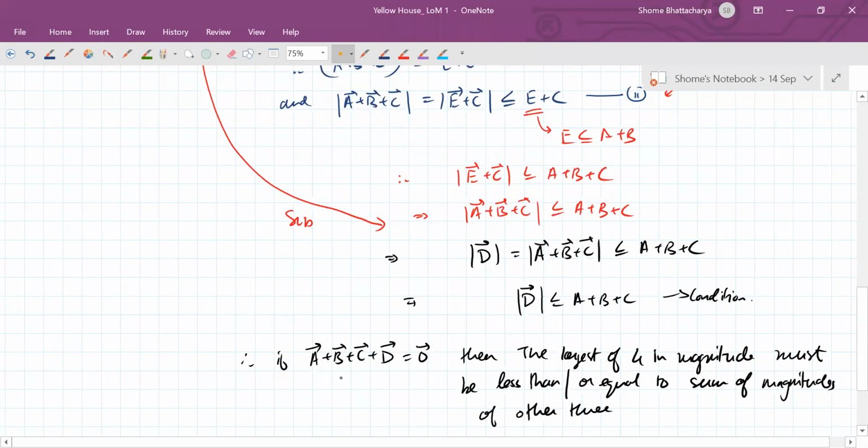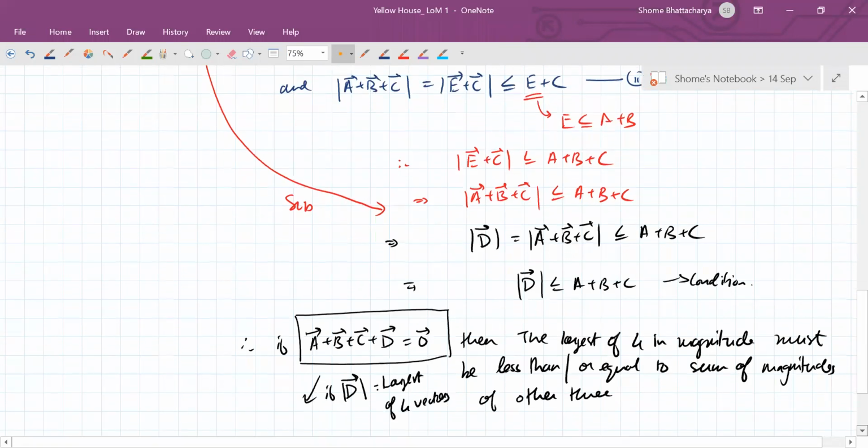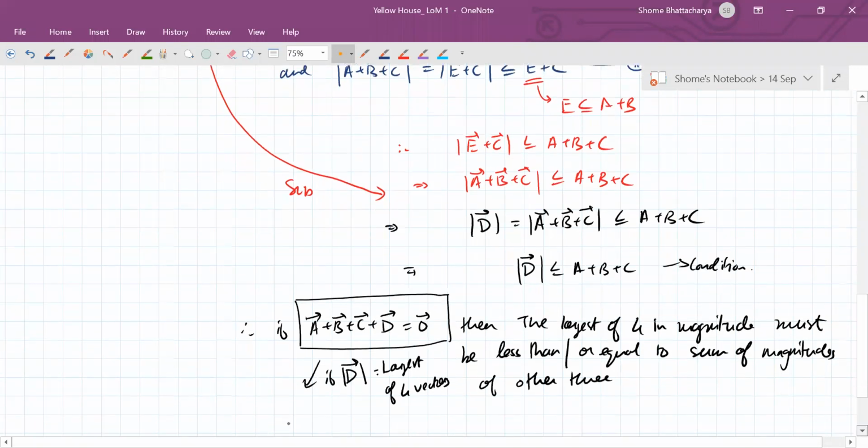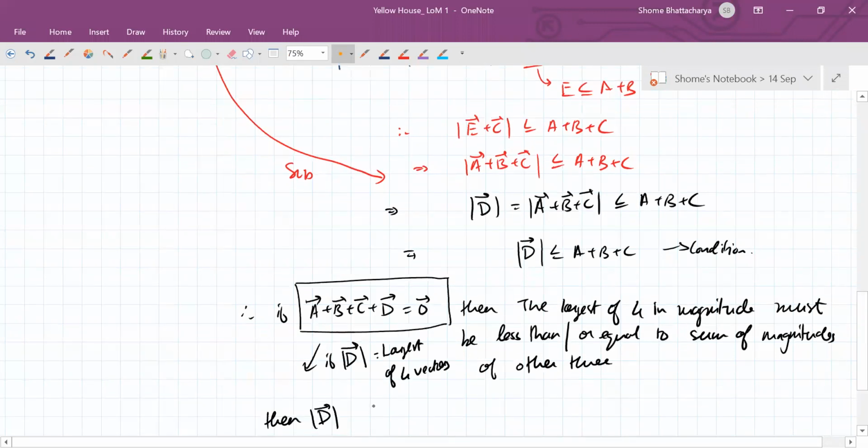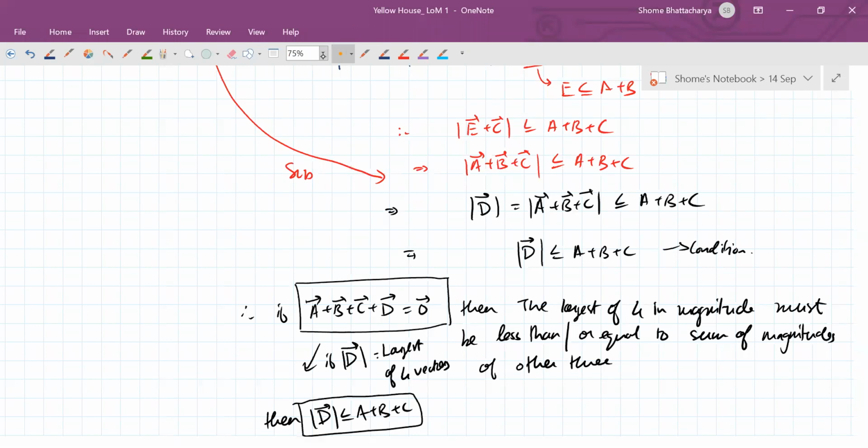Okay, so in other words, if mod D is the largest of the four vectors, then mod D should be less than or equal to mod A plus mod B plus mod C. This is a condition that must be satisfied by these four vectors if their resultant is 0.